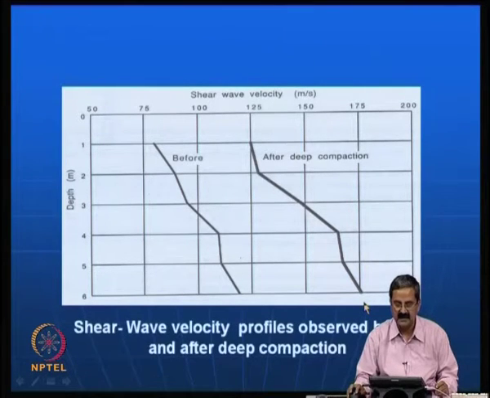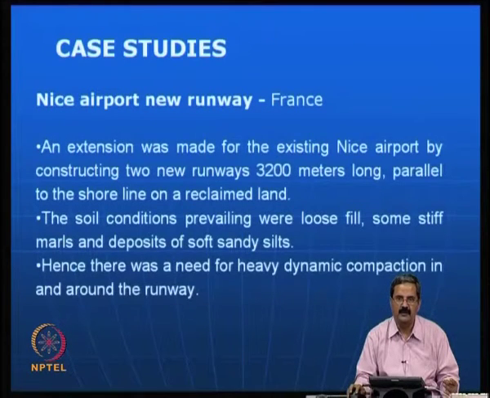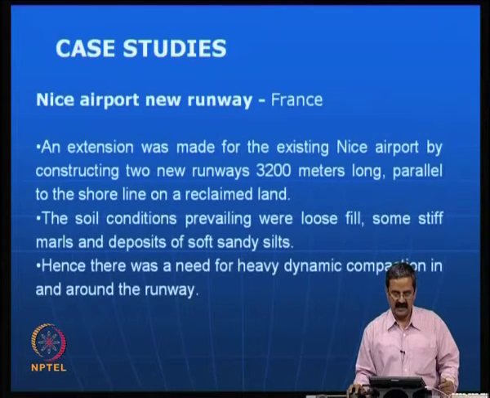What I mean is that some of these in situ techniques are very essential, particularly from SPT value, cone penetration, pressure meter, then flat dilatometer and shear wave velocity measurements, which have been very effective in assessing the improved state of the ground. So, what I will do is take you through a few case studies, because we have some case studies which are well documented.